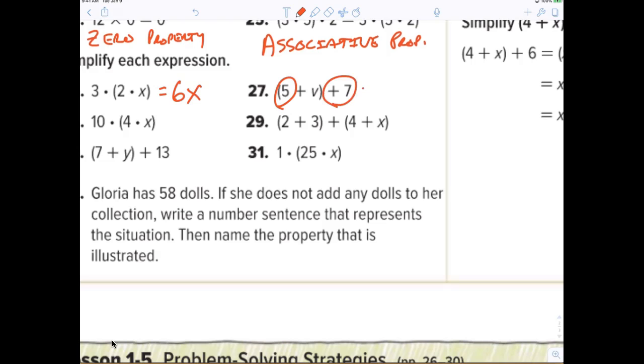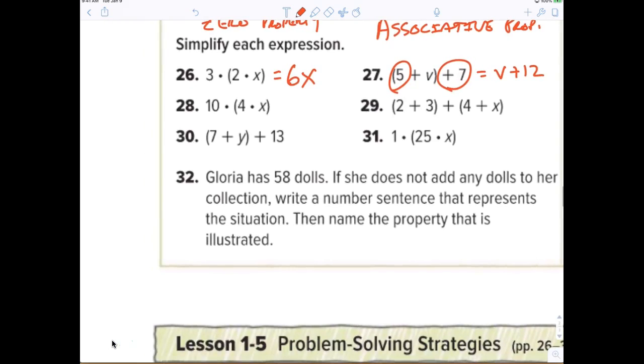Or traditionally we put the variable first. V plus 12. That goes back to whether I like you or not. That's fair, right? You'd be in trouble, in other words.